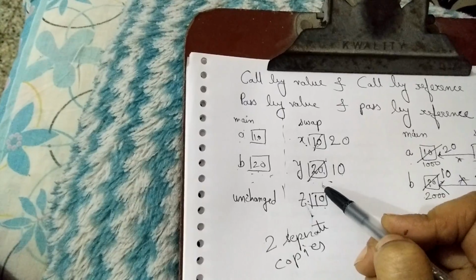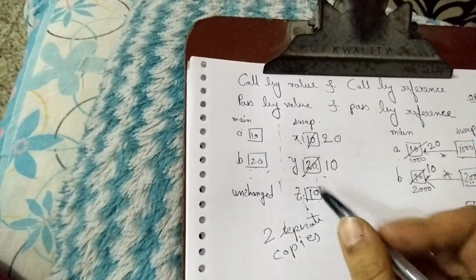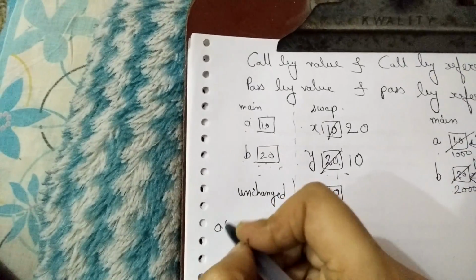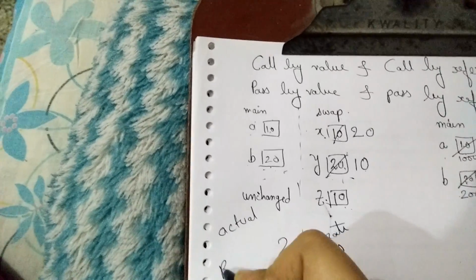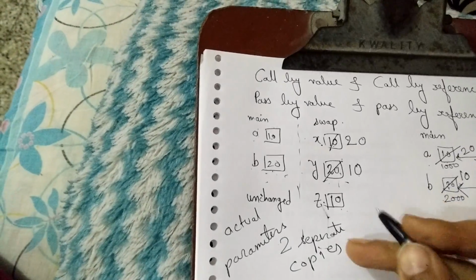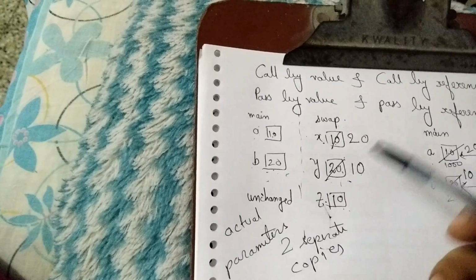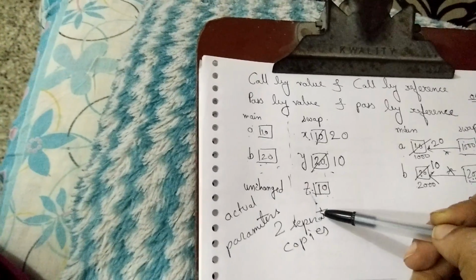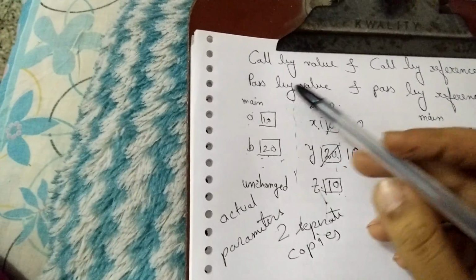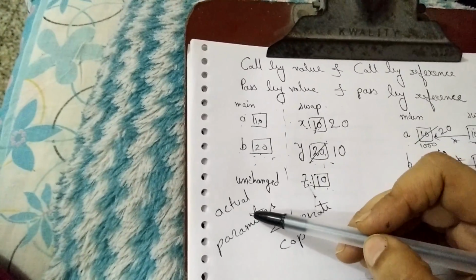Whatever operation is done is not done on the actual parameters but on the separate copy. So changes will not be reflected in main. That is the drawback of call by value.